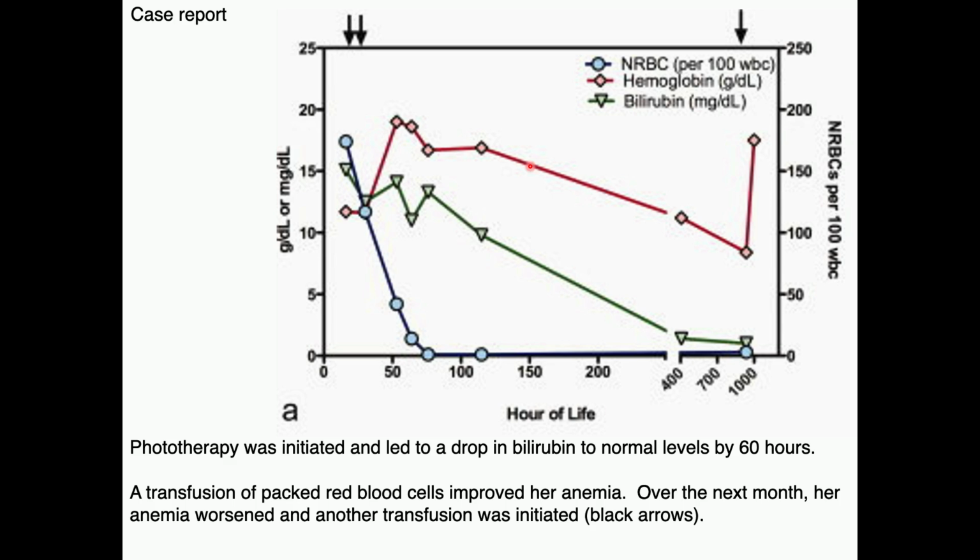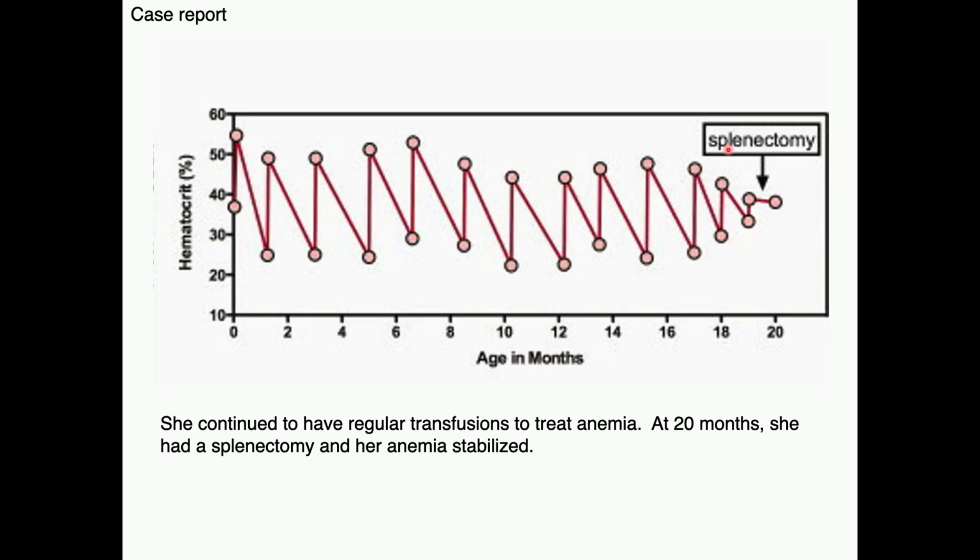However, over time, and we get a jump here into the weeks level, her anemia is returning. So she got another transfusion here, and that corrected the anemia again. However, it didn't correct it on a durable basis. In fact, over the first 2 years of her life, she had to have multiple transfusion events to correct anemia.